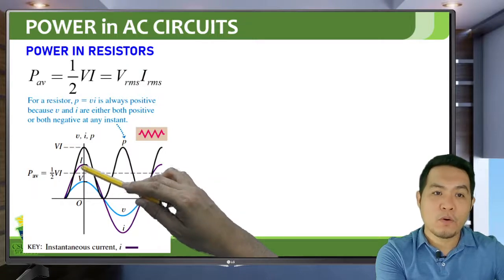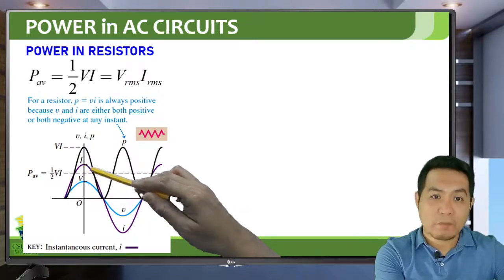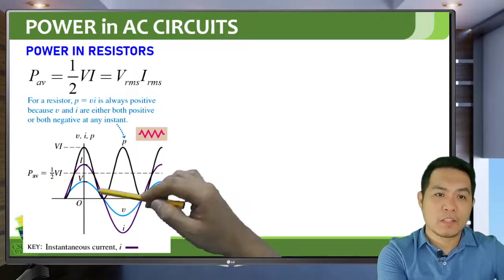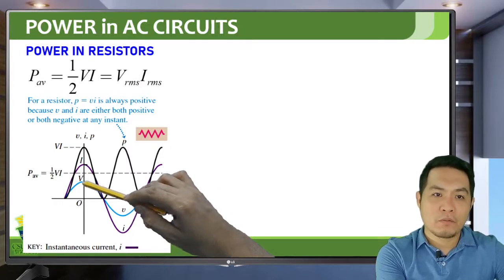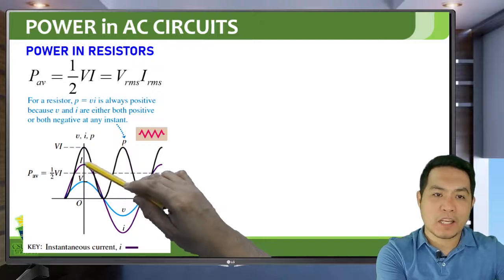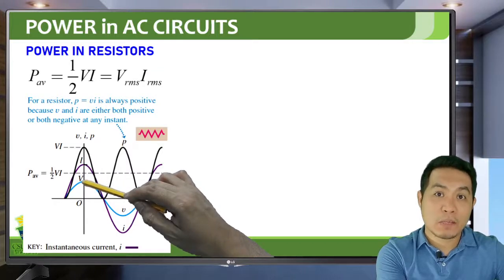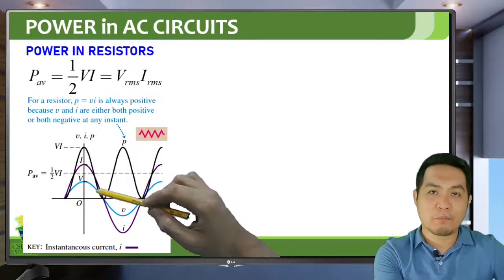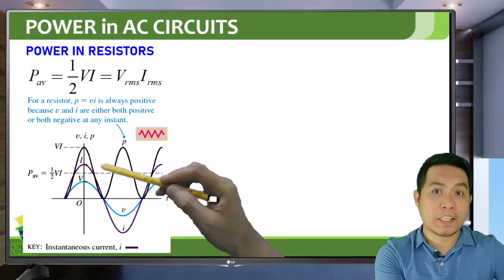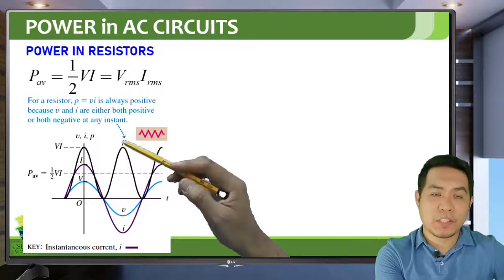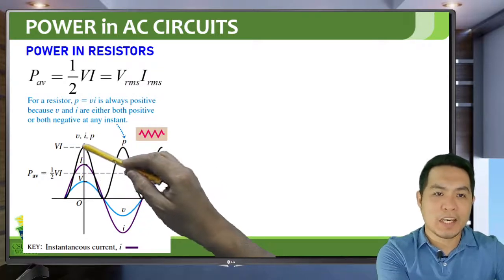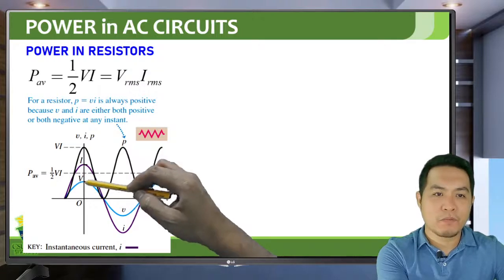So they go maximum at the same time, they go zero at the same time, they go minimum at the same time. So at the maximum voltage and maximum current, that is actually the maximum power, V times I. The voltage amplitude times the current amplitude is the maximum power. The black line here is the multiplication of V and I.